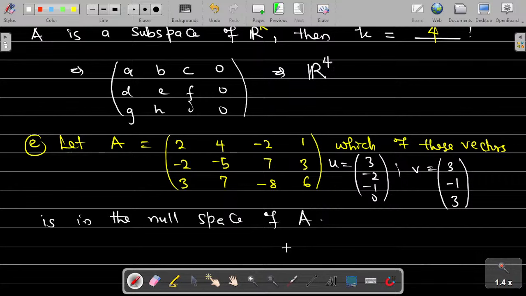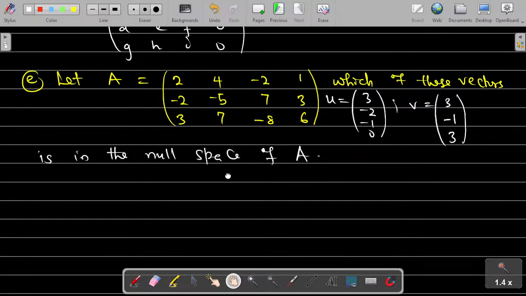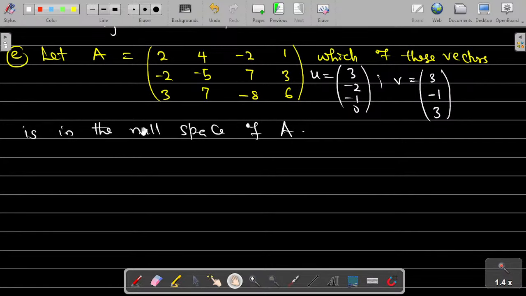All right, so whenever you're talking about a null space, it's just a vector. A vector in the null space of A is a vector such that A times the vector equals 0.